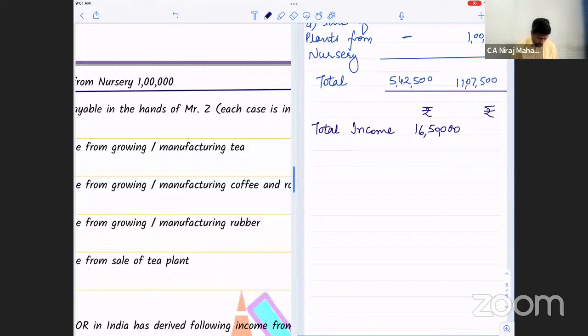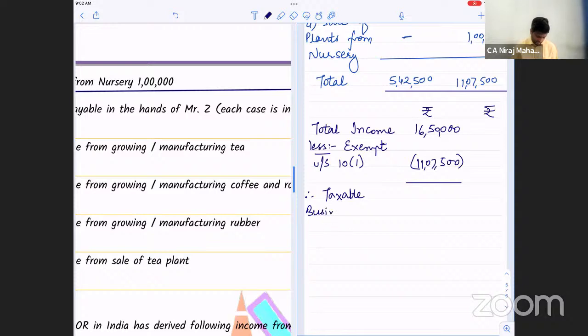Out of this, I'll do what, bacho? Less exempt under section 10(1). How much? 11 lakh 7,500. Clear till here? Therefore, I'm writing, bacho, currently taxable business income. Business, okay? Because we don't have any other income given to us, the salary, house property, nothing else.